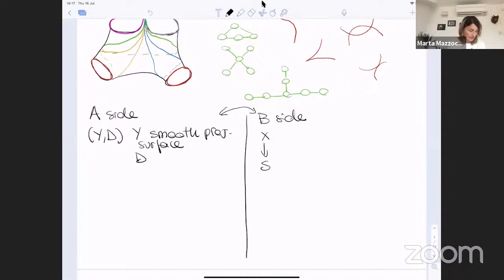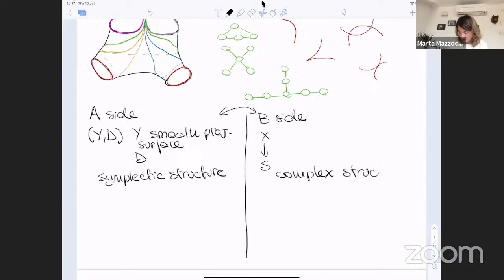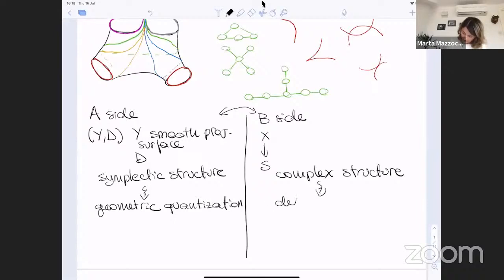Roughly speaking, on this side we will have a natural symplectic structure, whilst on this side we have a complex structure. What we are interested in is quantization. On this side it will be geometric quantization, whilst on this side it is deformation quantization.